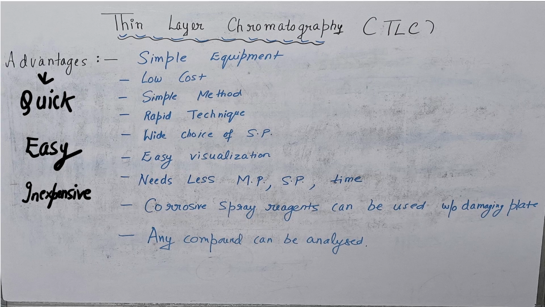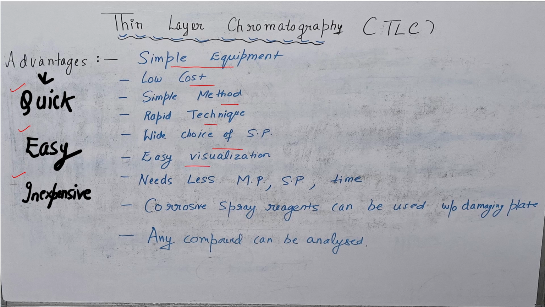Next are the advantages of thin layer chromatography. It is a quick, easy and inexpensive technique, and it comprises simple equipment and low cost. It is a simple method, a rapid technique. This technique has a wide choice of stationary phase, as discussed in the choice of stationary phase topic.